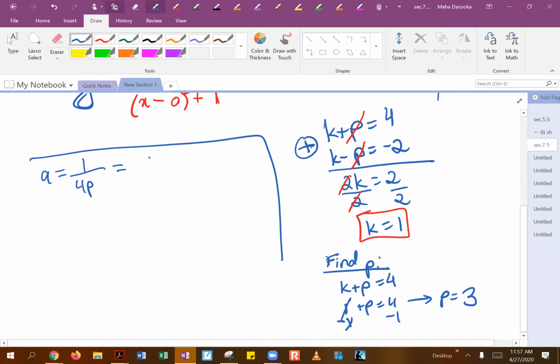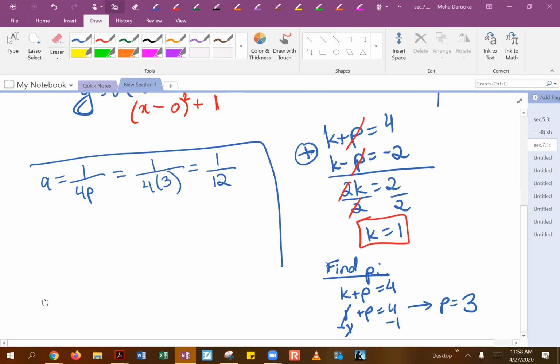So once you have that P value, you come back and calculate the A. And what will this A value come out to be? 1/12. Yeah, very good. 1/12 because 4 times 3 will give you 12 on the denominator. Very good, Beatrice.